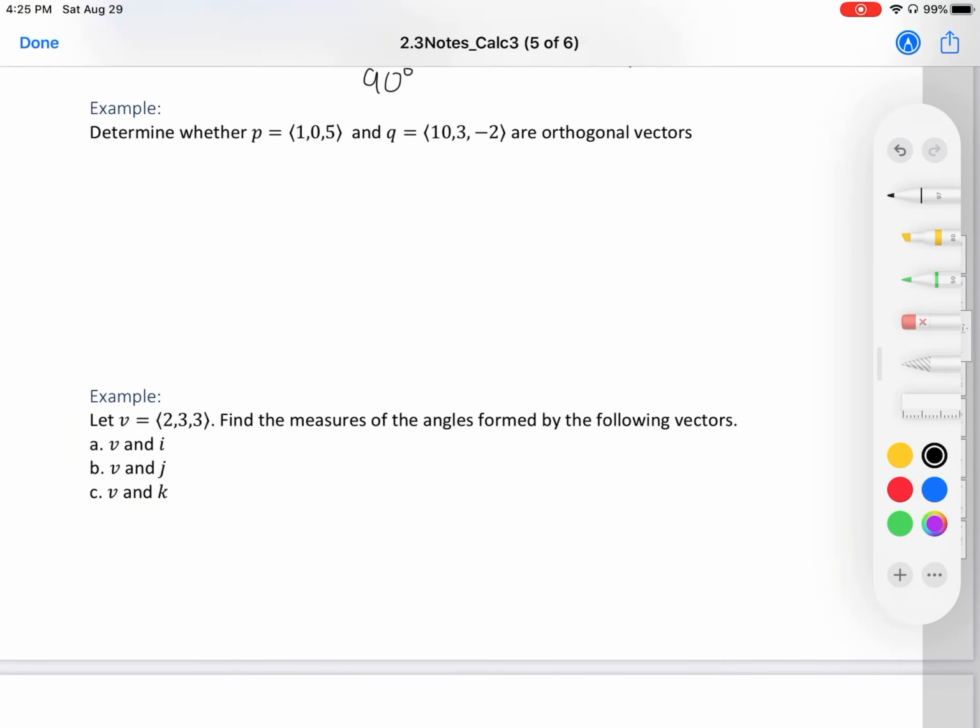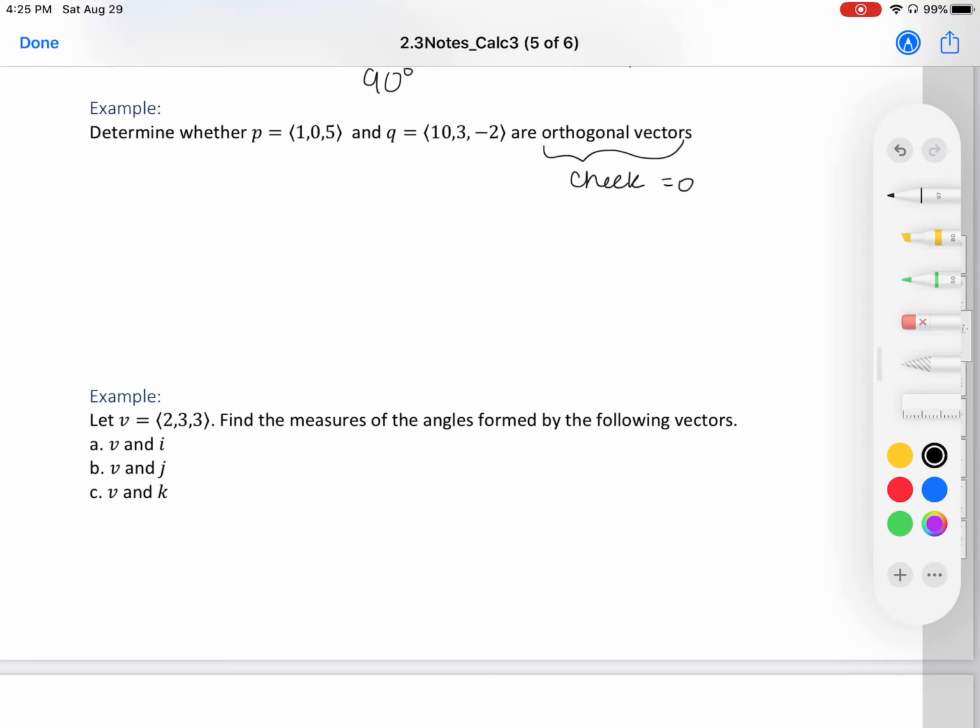Example, determine whether vectors p and q are orthogonal vectors. So we're looking at these points where vector p has the points 1, 0, 5, and q has 10, 3, and -2. We want to perform the dot product, and what we're really doing is checking if our answer is 0.